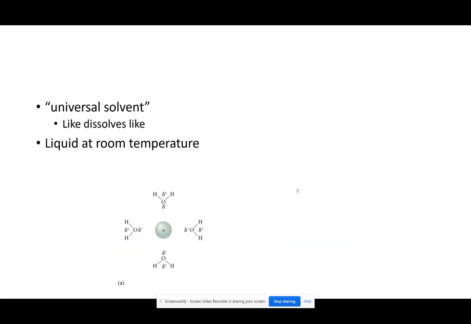So water is known as the universal solvent. It can dissolve most things, but it can't dissolve everything. Water can't dissolve oil, for example. And this comes down to a concept called like dissolves like, whereas water, which is polar, as we know, can only dissolve other polar things or ionic things.